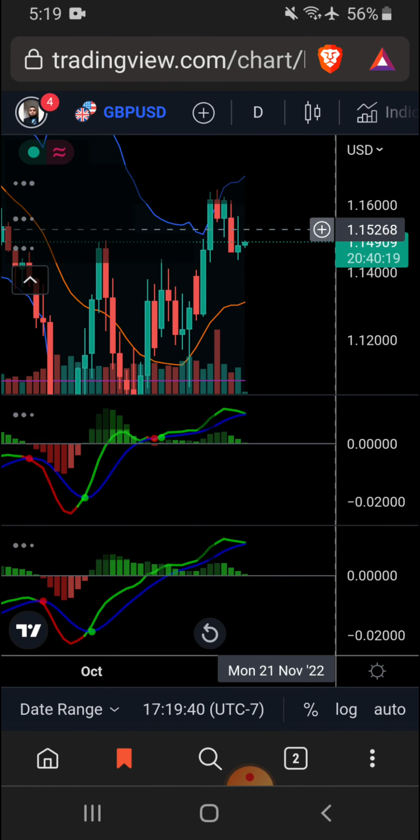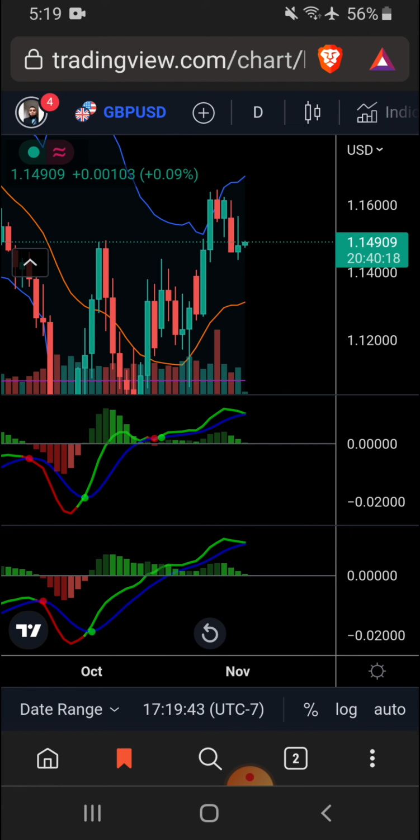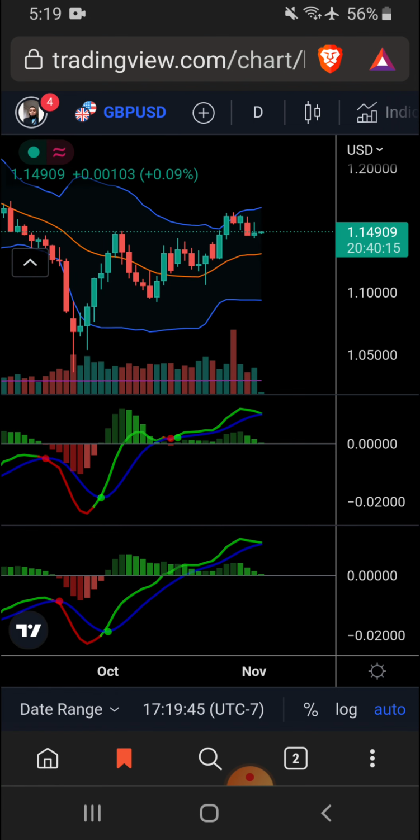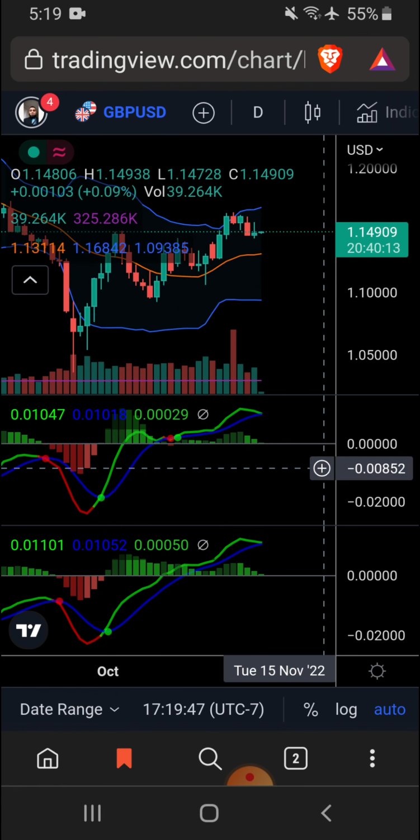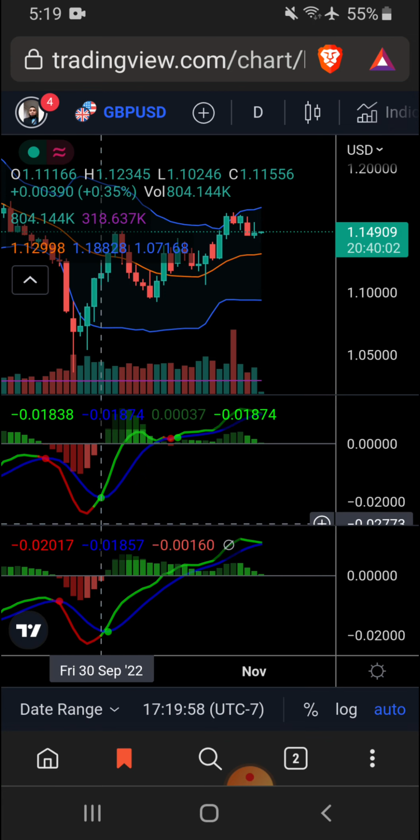This also gives daily signals. We could be seeing a short, not yet. There's no signal as you can see, but potentially sometime later in the week, I'm thinking we could maybe get a short at some point. Obviously these signals are pretty big.